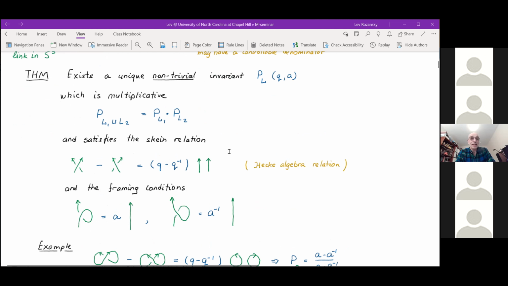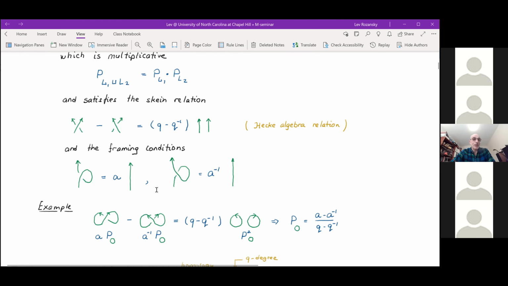It satisfies a very strange relation: if you compare 3 links which differ locally at a crossing, one has a positive crossing, the other has a negative crossing, and the third one has the identity there, just strands going parallel, then these 3 polynomials will be related in this way. One minus the other will be q minus q inverse times the third.